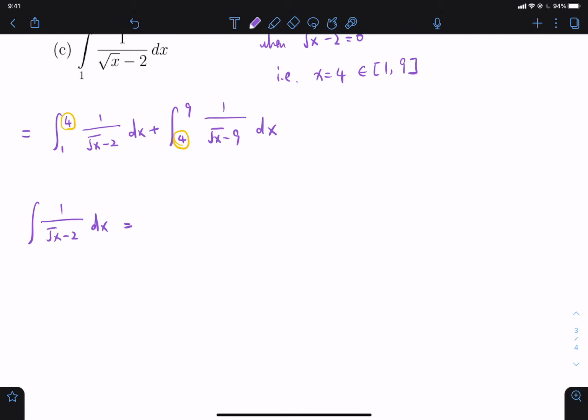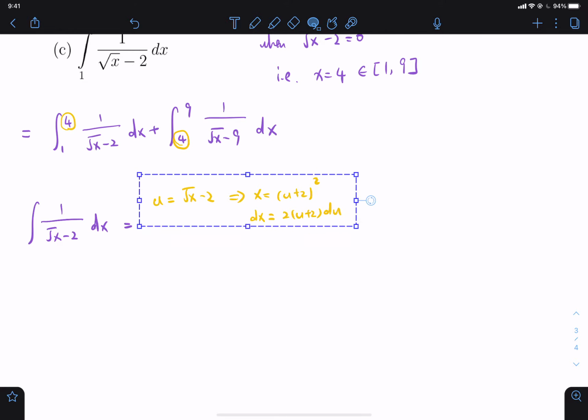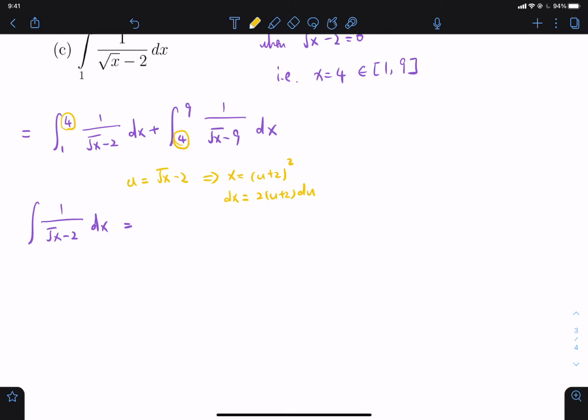If you let, for example, u equal to this square root of x minus 2, then you have x equal to u plus 2 squared, right, by moving the terms, and then dx here should be 2 times u plus 2 du. Right? That is our substitution we need here.